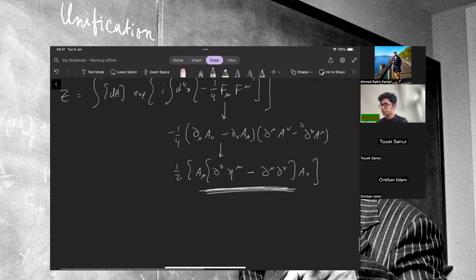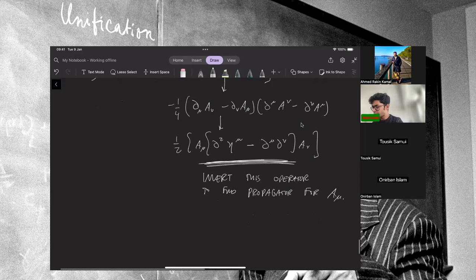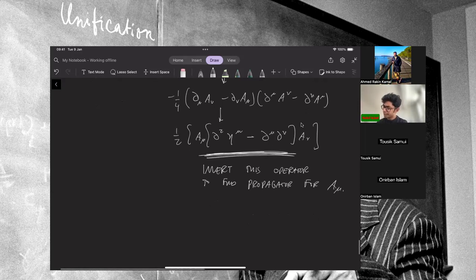So we want to invert this operator to find the propagator for the photon field. Now, how do we do that? Let's remind ourselves how we do that.